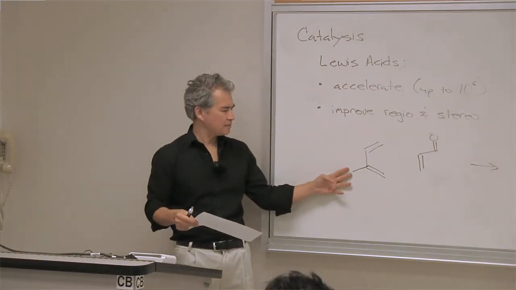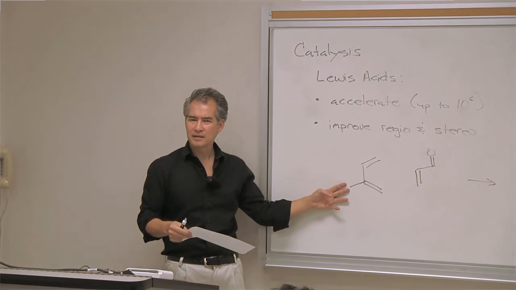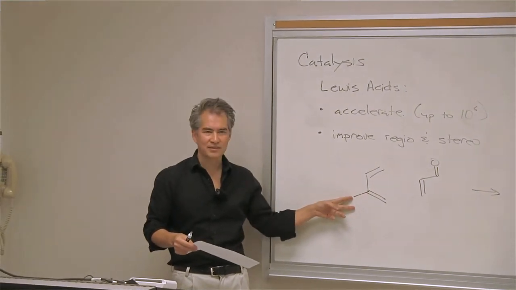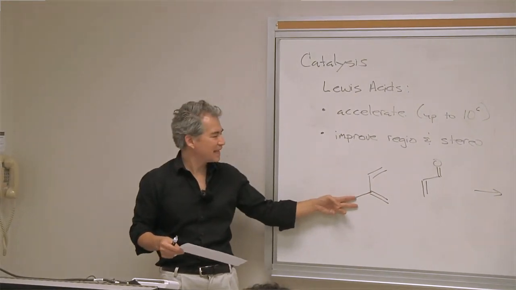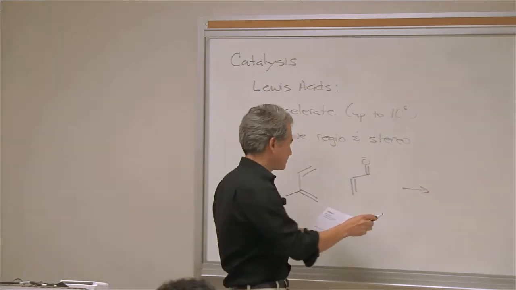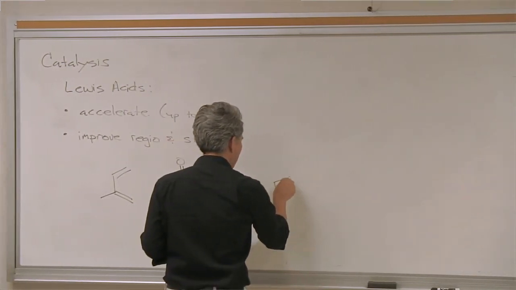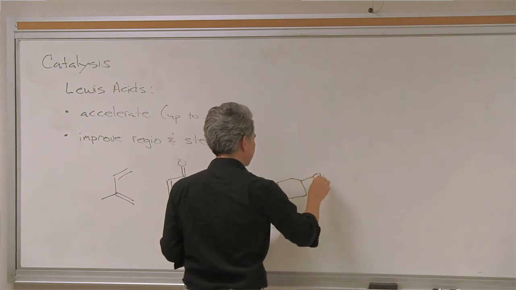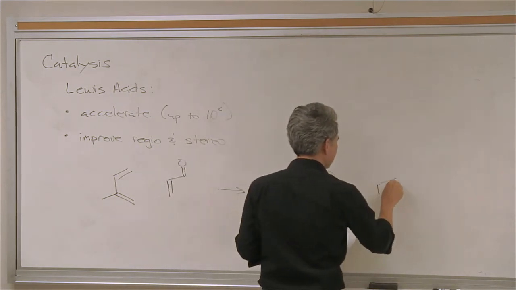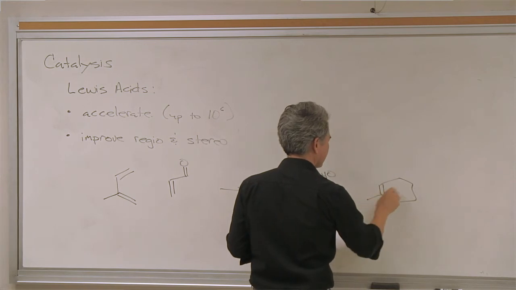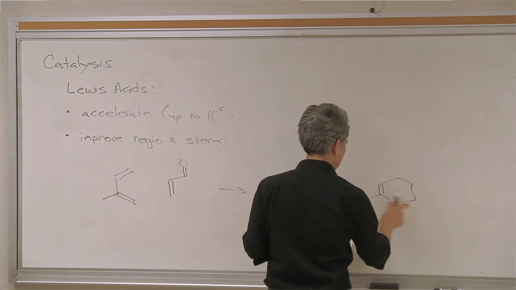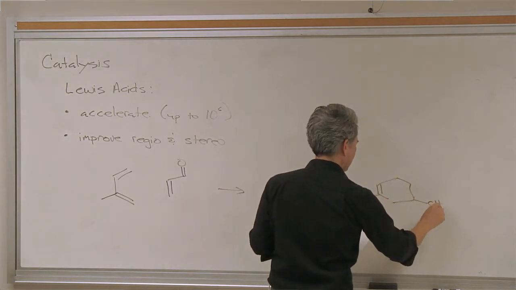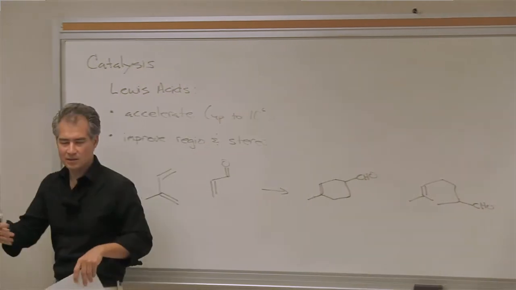And I don't have a powerful donor group, just a methyl group. Right now it's just CH bonds there that are the donor, not oxygen lone pairs. That's pretty lame, CH bonds. So when you do a Diels-Alder reaction, you get two different products out of this, regiochemically. You get one that looks kind of para on one.